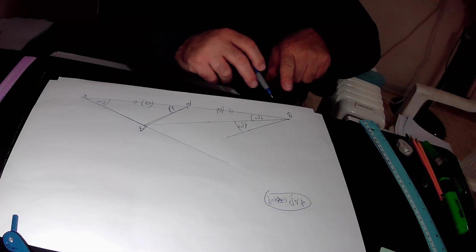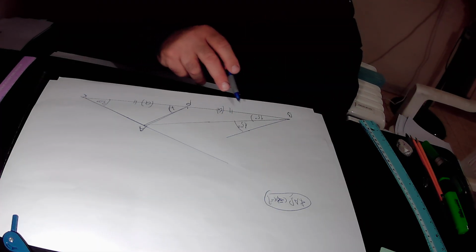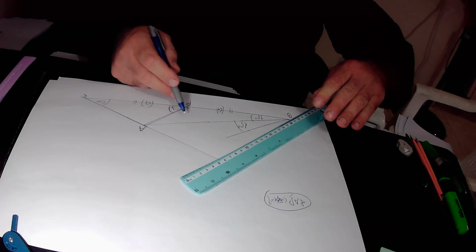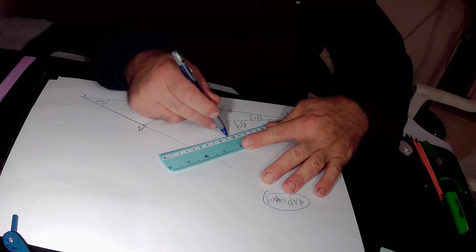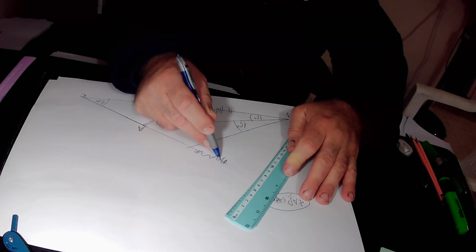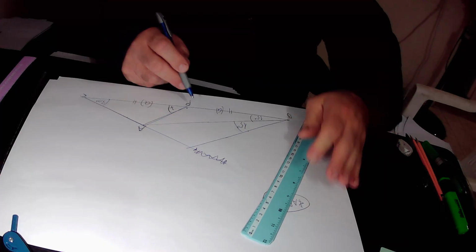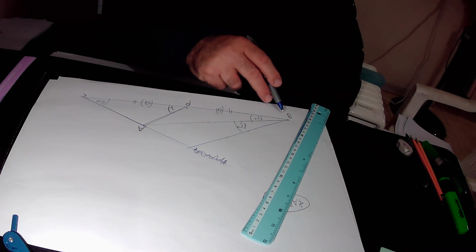The next step, we'll extend this leg by a straight line until it touches the extended side CA. And we'll define the touching point of the extended side CA with this extended leg.